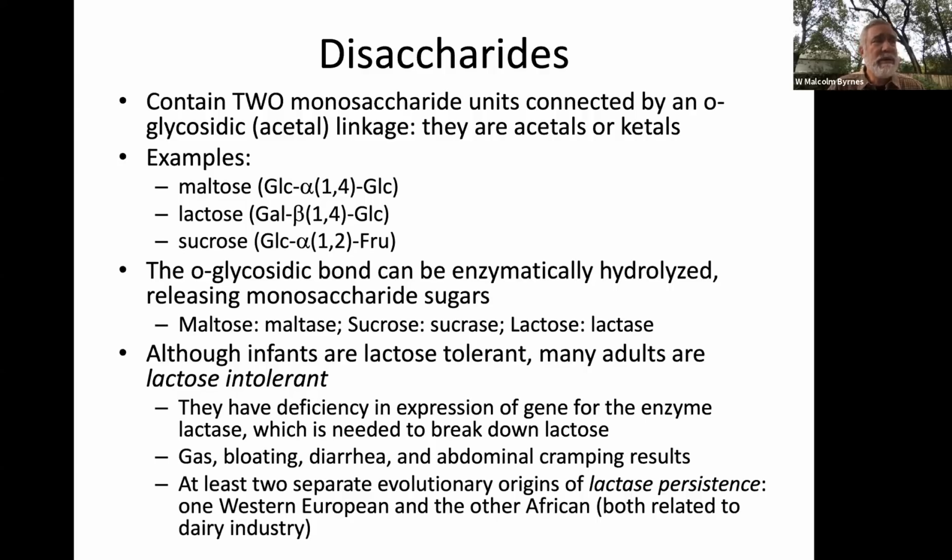And there's actually more than one. And those genetic mutations that allow lactase persistence are different from each other and different from the one in Europe. Which means that they arose separately.